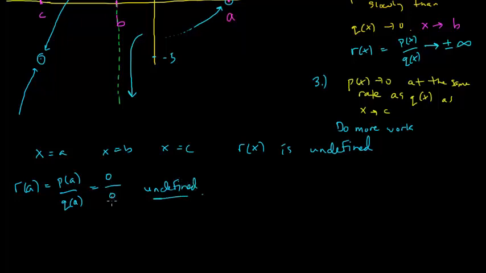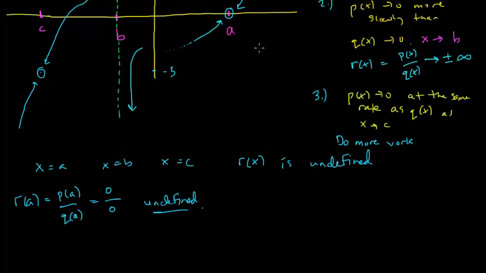You can't divide any number by 0. You can't even divide 0 by 0. So that means right at the point x equals a, there is no function value. And we just represent it by a hole in the graph. So a graph is nice and connected all the way up till we get to x equals a, and then there's a hole. And the same thing goes for x equals b.